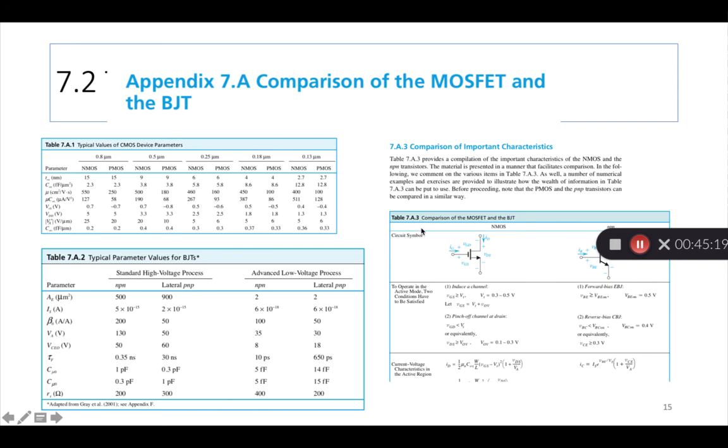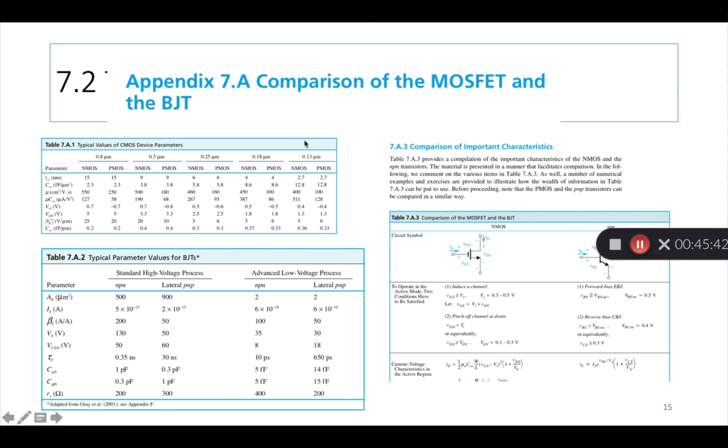Then there is a comparison table 7A.3 that goes on and on. It revises what a forward bias junction and a reverse bias junction are, how a MOSFET operates, how a BJT operates, what the current formulas are. All this is there.